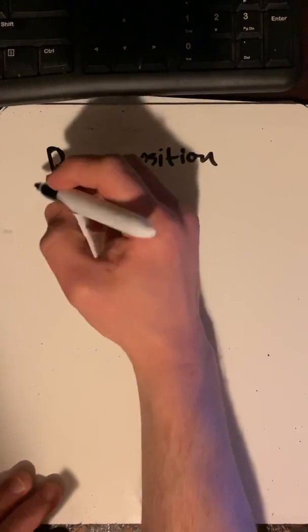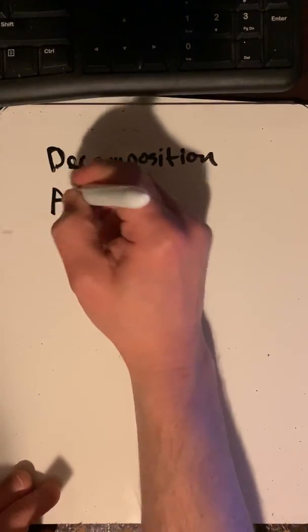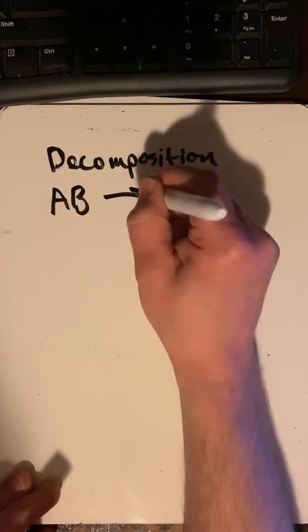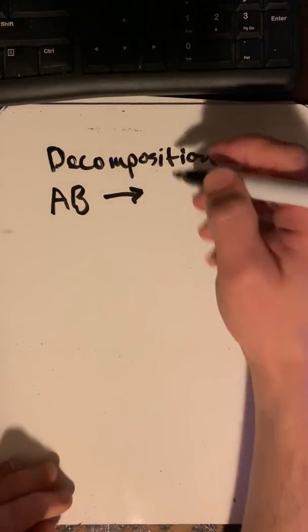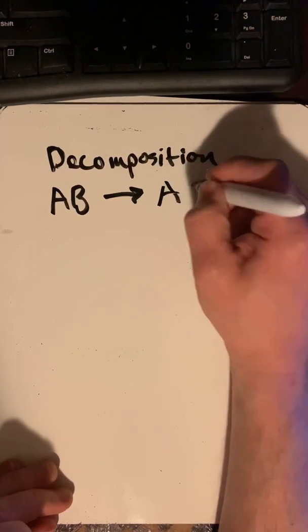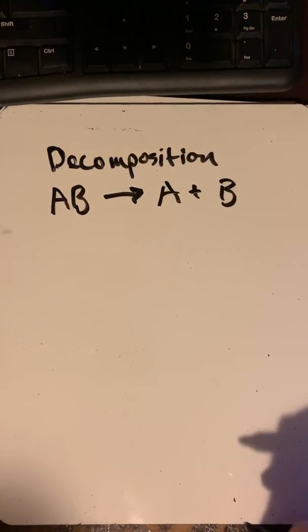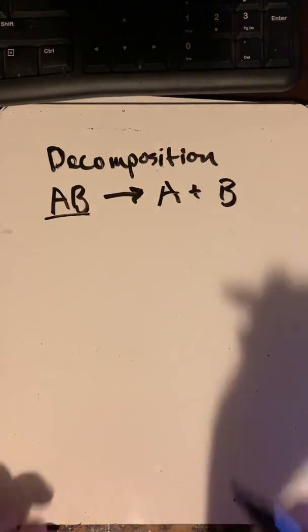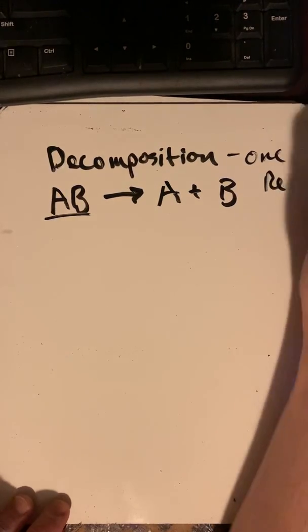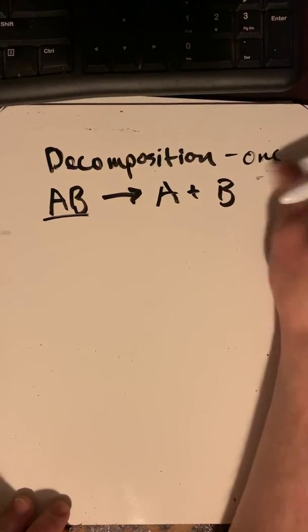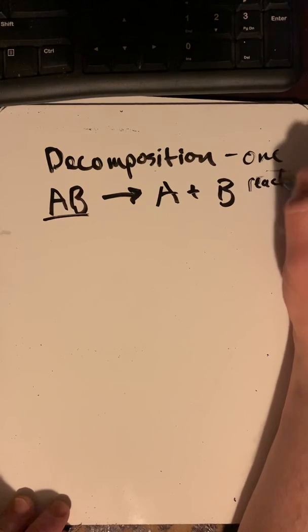So in decomposition, you have 1 reactant that breaks down into 2 or more simple products. So we'd have A and B as my products here. So again, the clue for decomposition is that there is 1 reactant.